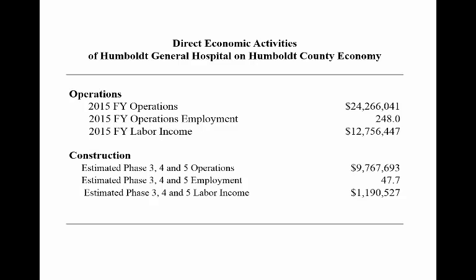So if something was purchased outside of Humboldt County, that was not considered part of it. It's those purchases locally. And so from this, what we have from the people is that $24.3 million of direct operations were purchased in Humboldt General Hospital in Humboldt County, 248 employees, a labor income of $12.8 million.